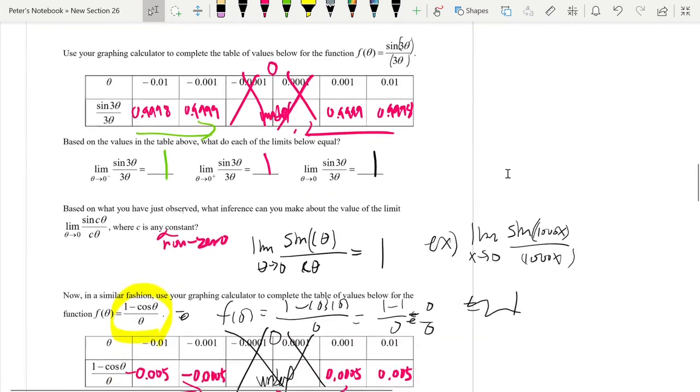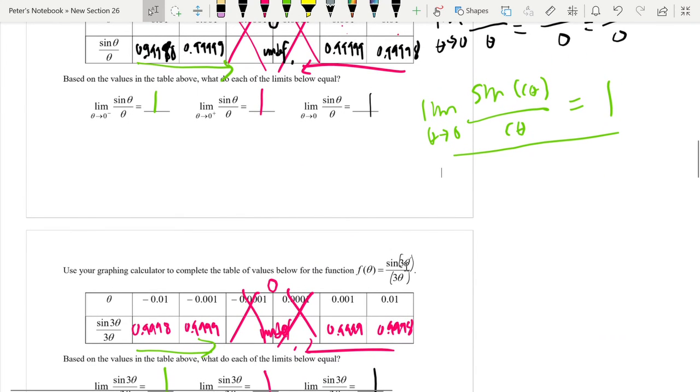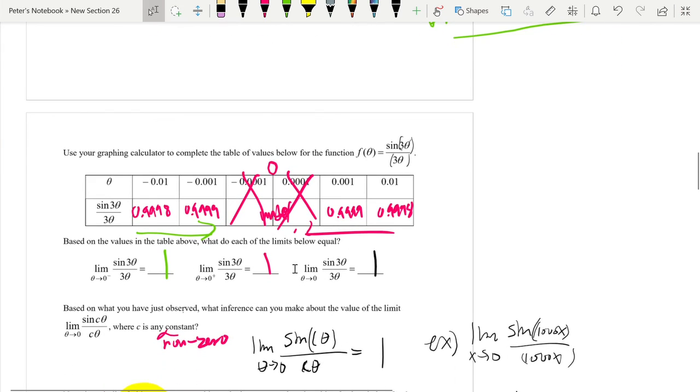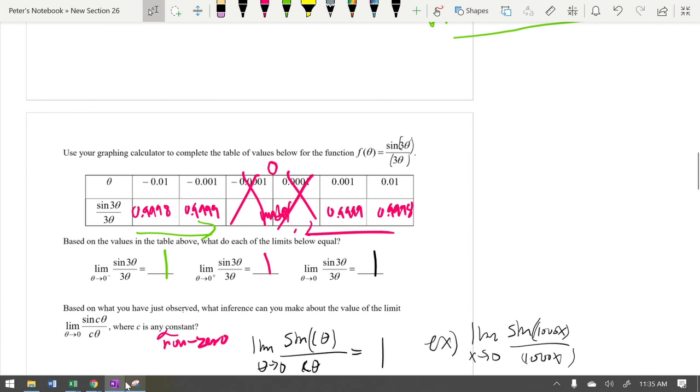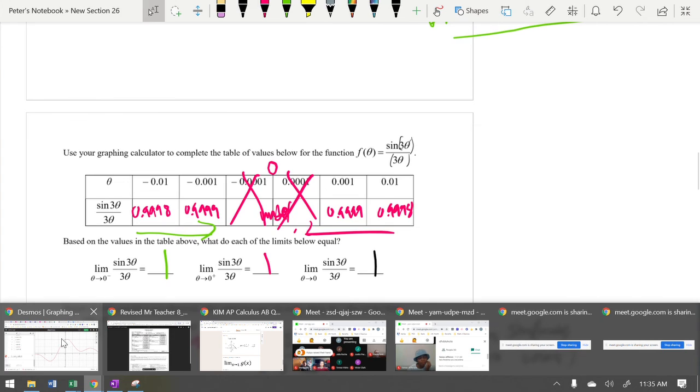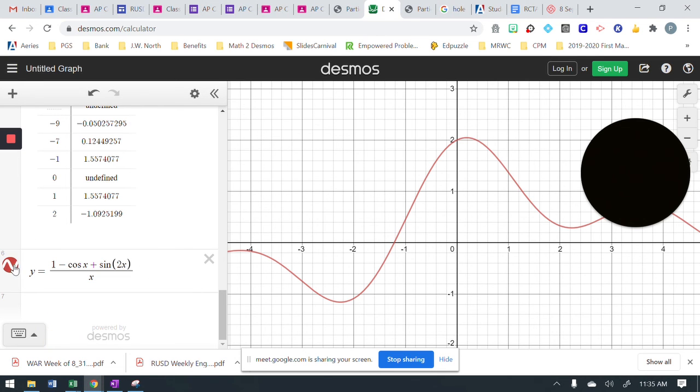And this one, there's no other way around it unless you're going to use trigonometry and the squeeze theorem to prove it. But I told you, we're just going to use a graph and table to figure out that it's approaching 1 as x approaches 0. And graphically speaking, that looks something like this.